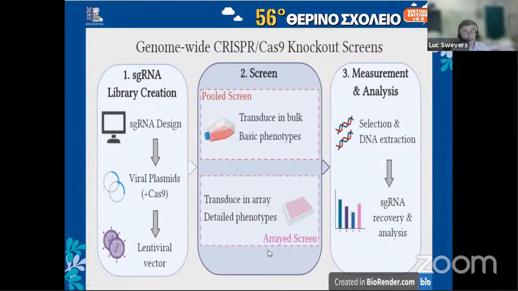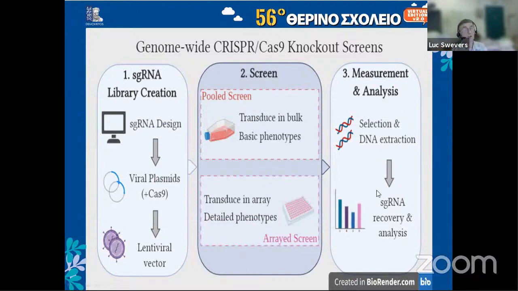As an example, there are cancer cell lines that are resistant to certain cancer reagents, and so CRISPR genetic screens can be used to assess the involvement of particular genes in this resistance mechanism.